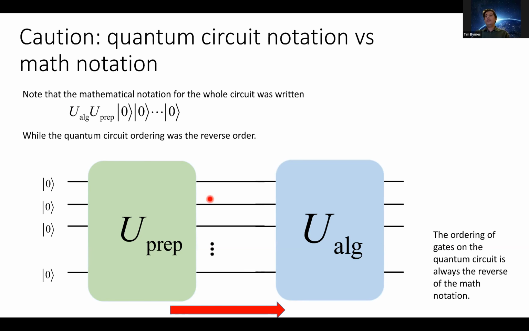In digital circuits, left to right is the most common way, and quantum circuits are trying to follow this notation of digital logic circuits, but then because quantum mechanics involves mathematics, which is written the opposite way, now we've got two ways of writing it, exactly the opposite. And you just have to live with it. But just be careful that you always get the ordering of these gates correct.